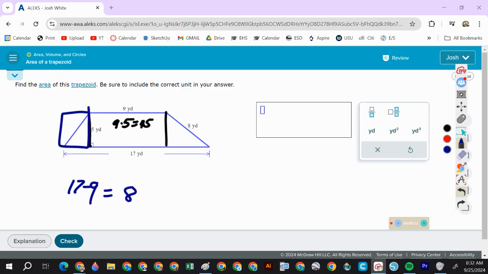But that's going to tell us that 8 is split between this side and that side. I don't think they're the same size. They didn't tell us that those were the same size. Oh, I'm being dumb. Sorry, guys.